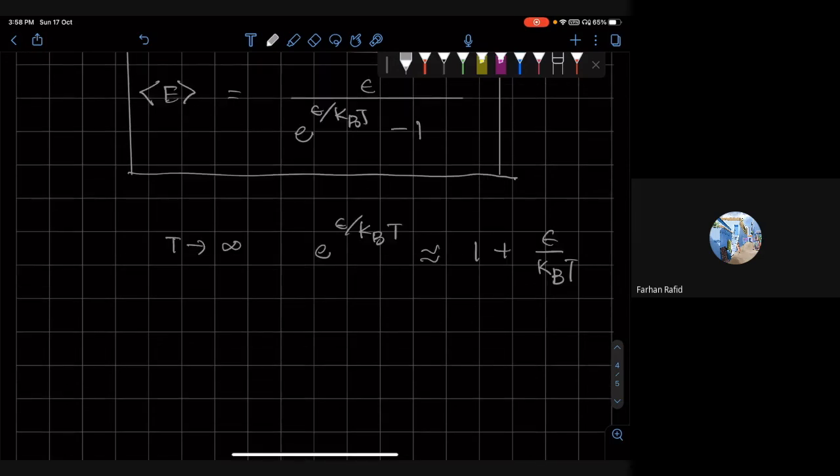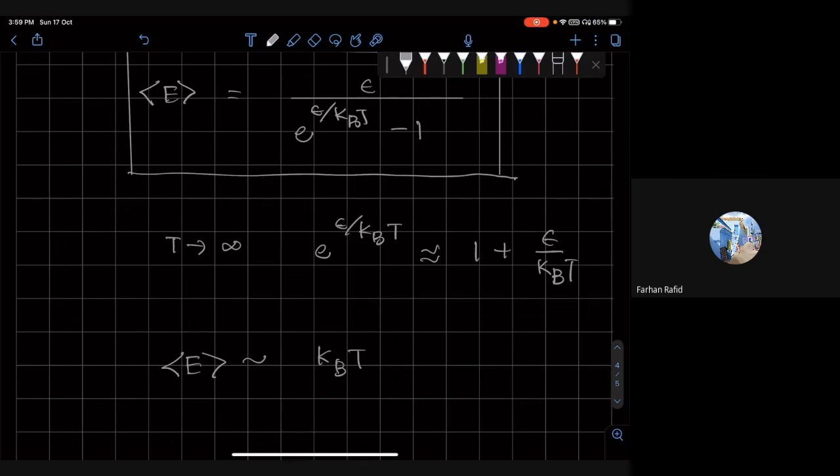And therefore, in the high temperature limit, this just becomes kBT, which is the result that we got from classical statistical mechanics. So in the T goes to infinity limit, Planck's result agrees with the classical statistical mechanical result. Okay.